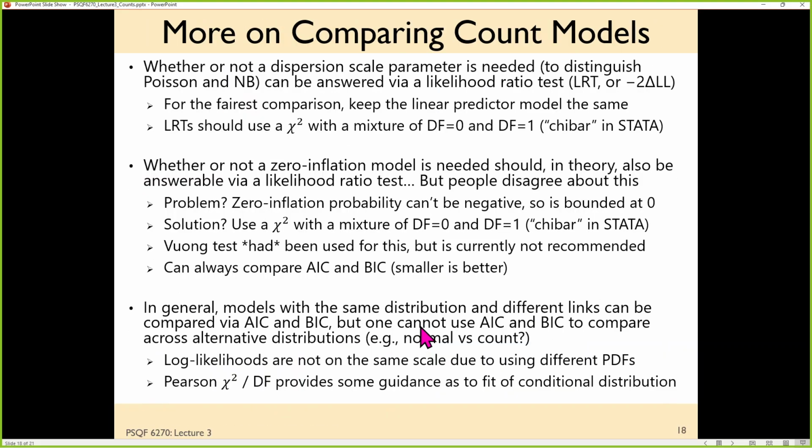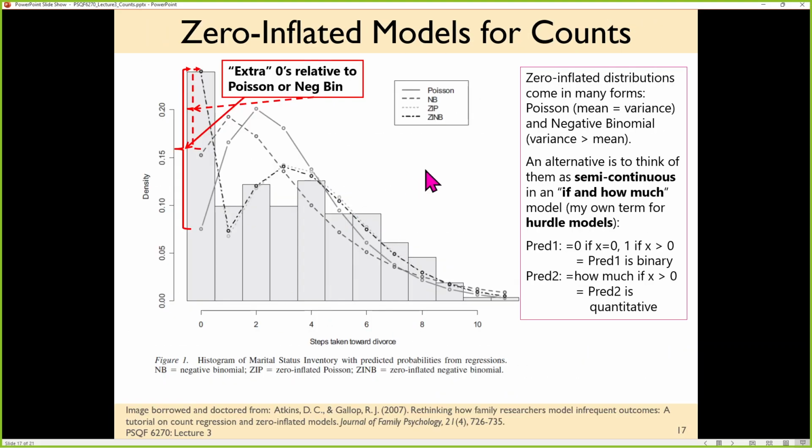Here's the picture that I've shown before. This is the number of steps taken towards divorce in couples. And here is the overlay of the predicted distribution estimated. The parameters of the distribution are making these lines essentially under different expectations. So Poisson is the solid gray line here. That's this one. It doesn't work.